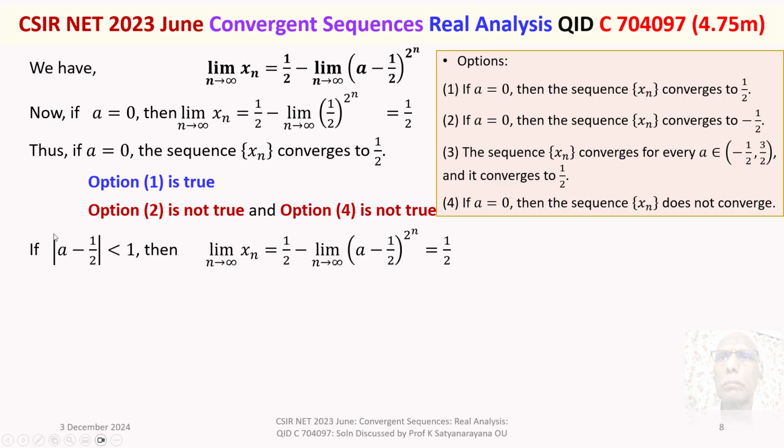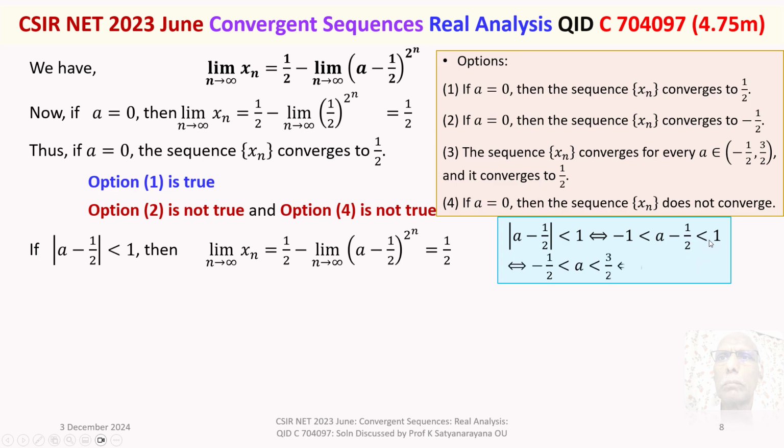Now, what is mod of a minus 1 by 2 less than 1? It is equivalent to minus 1 less than a minus 1 by 2 less than 1. Adding 1 by 2 throughout, you will get minus 1 by 2 less than a less than 1 plus 1 by 2, that is 3 by 2. That means this is equivalent to a belongs to the open interval minus 1 by 2 to 3 by 2.